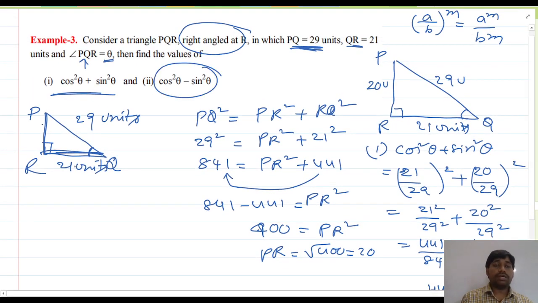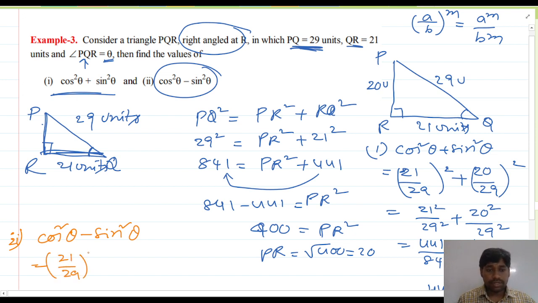Next, they are asking cos square theta minus sin square theta. I will change the color of the pen. So here the second question is cos square theta minus sin square theta. Cos square theta we already know, that is 21 by 29 whole square, and 20 by 29 is sin theta, squared.